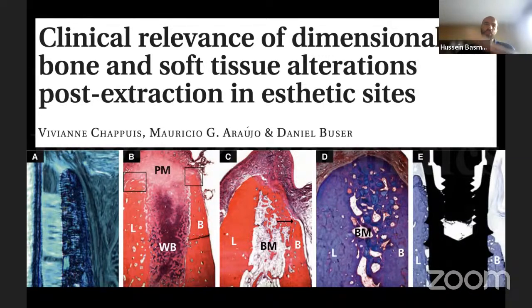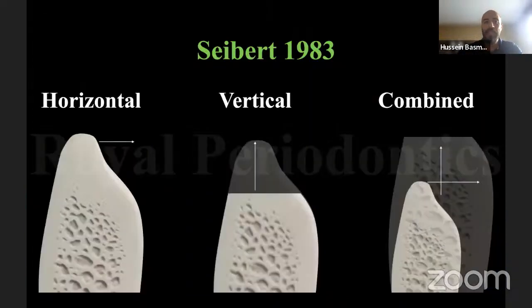That's the importance, which is a completely different topic, when we talk about implants in the aesthetic zone. That's the reason why we don't open a flap, because we don't want to completely deprive the socket's buccal bone of blood supply. And again, we end up with different types of defect: a horizontal defect, a vertical defect, or a combined horizontal and vertical defect, and those are usually the most challenging.